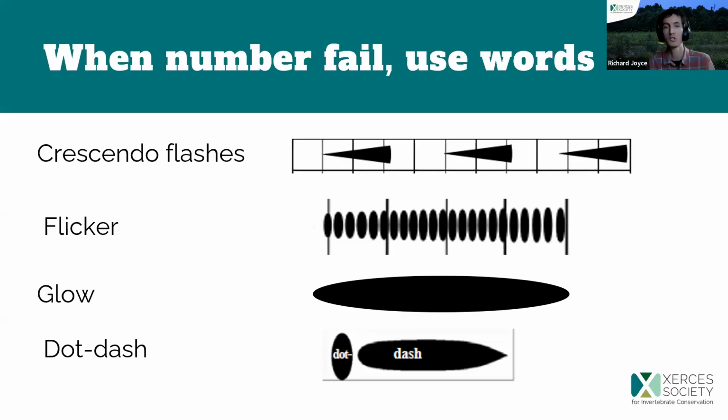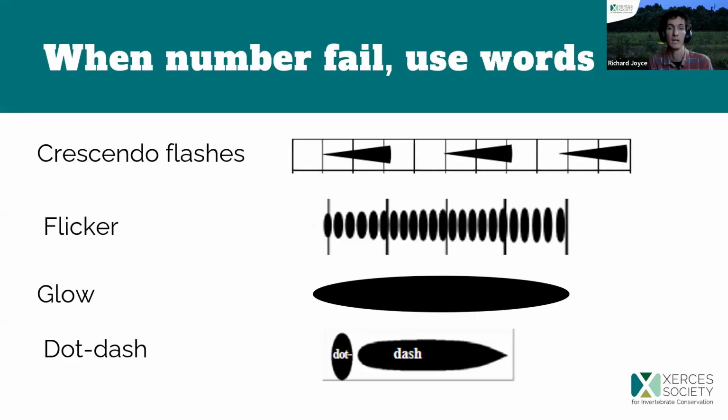And there are actually some terms that even researchers who are doing lots of quantitative stuff use, things like crescendos. So that's a flash that starts relatively dim, it gets brighter and brighter, and then it stops. Or you can have flickers. That's kind of a string of very short flashes given in tight sequence.